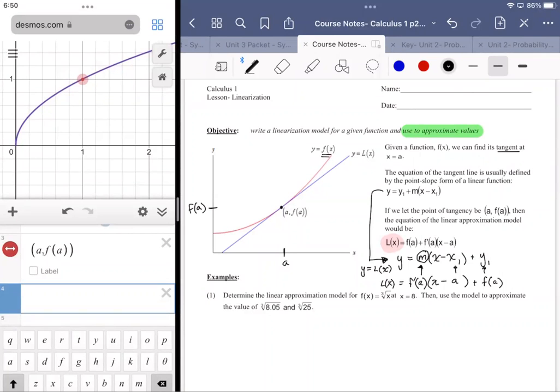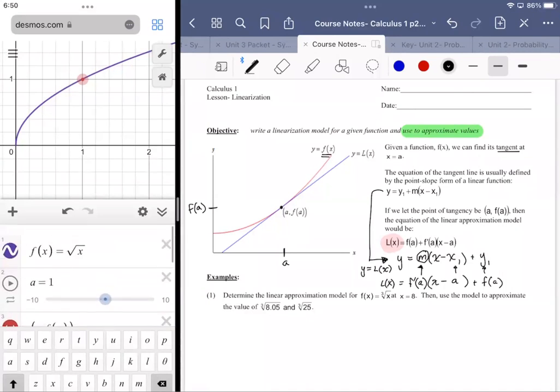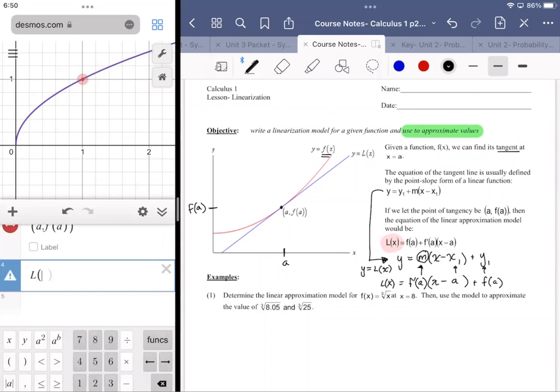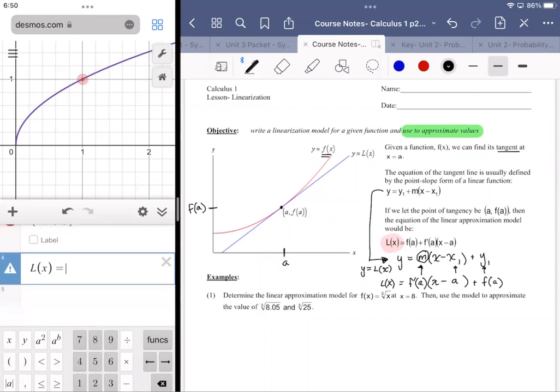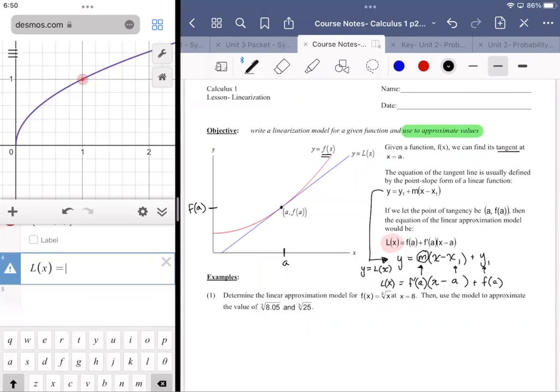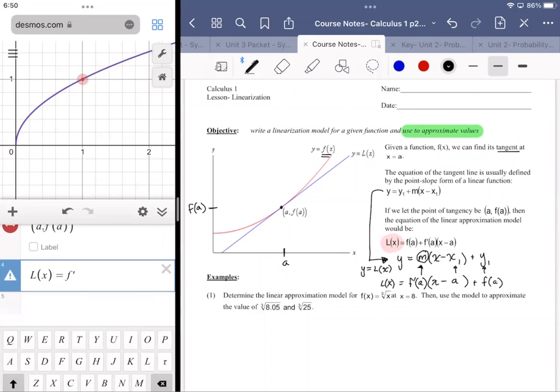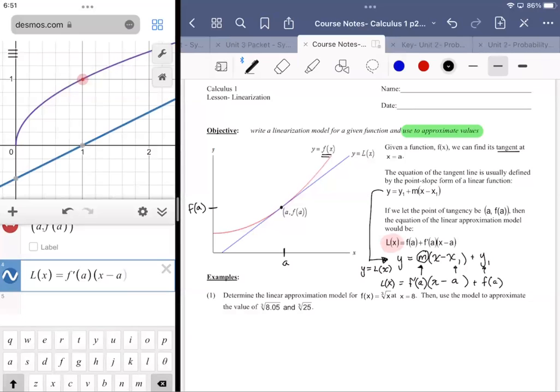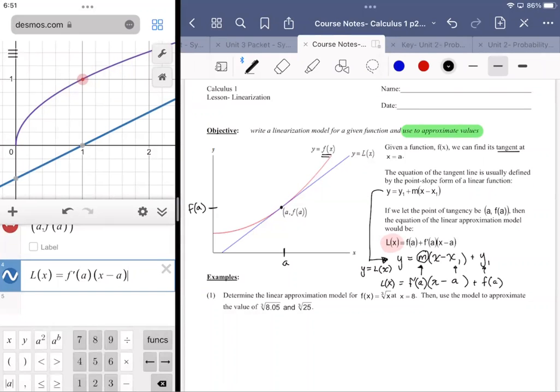But the reason I'm bringing that up is because we have all this stuff ready-made to go into Desmos. All I'd have to do to write a tangent equation is, whatever notation you like, but they're using L. So L of x would be equal to f prime of a times x minus a plus f of a.